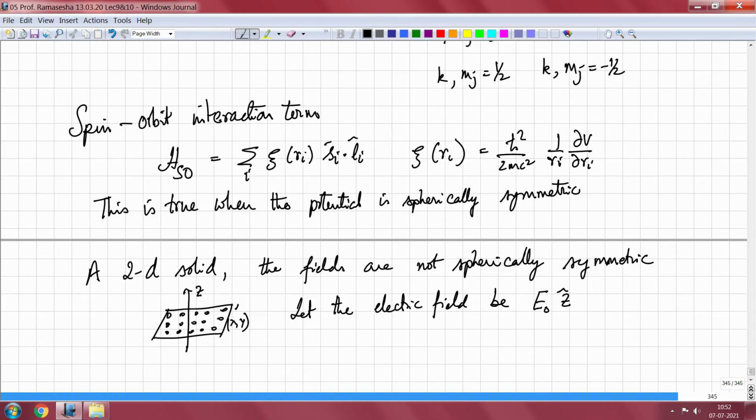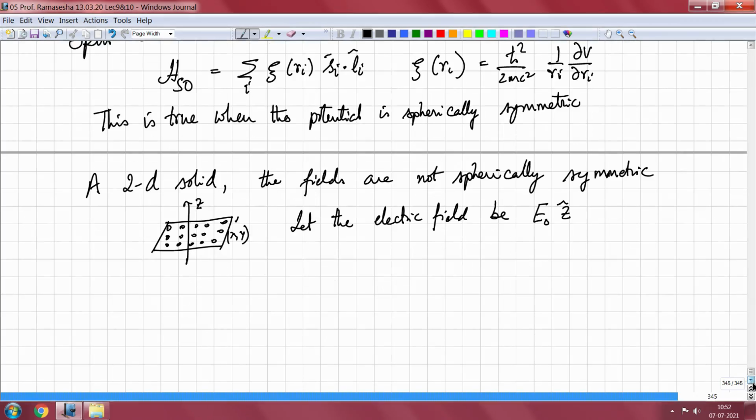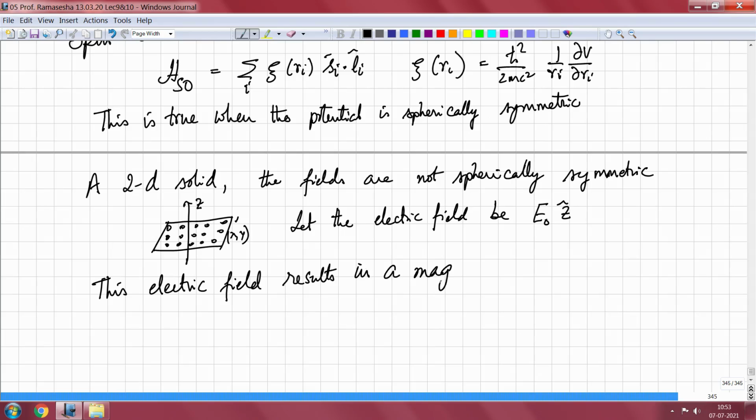So, if this is the case, then this electric field also causes a magnetic field. And the magnetic field is given by B equal to minus v cross E by c squared.